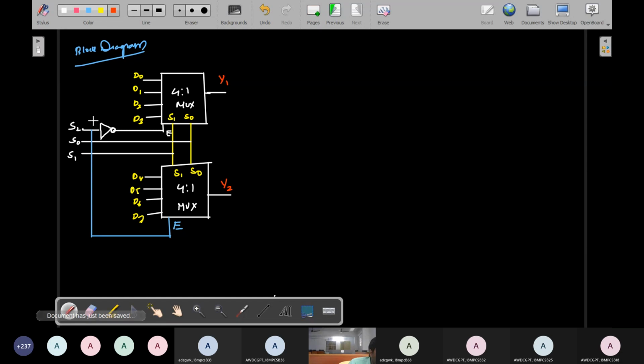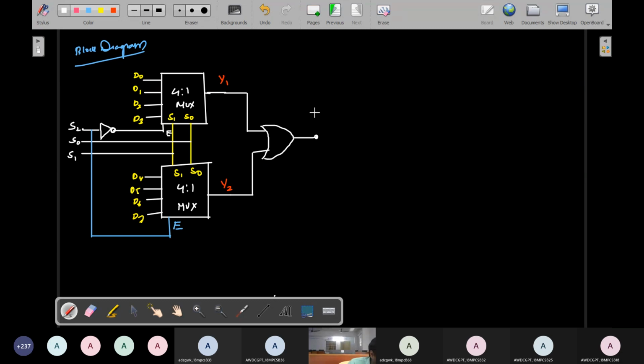So these two output voltages right now I connected by using an OR gate.